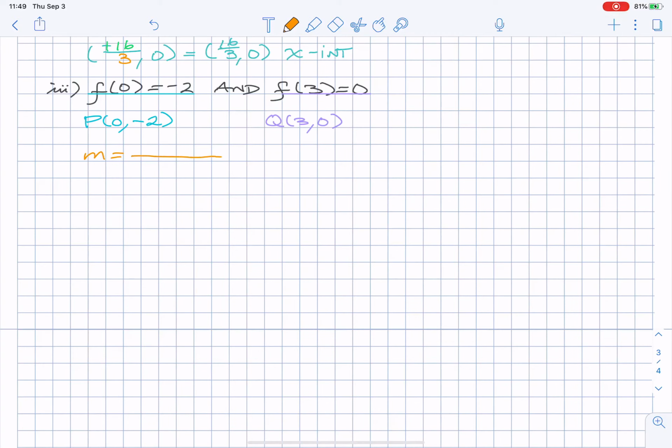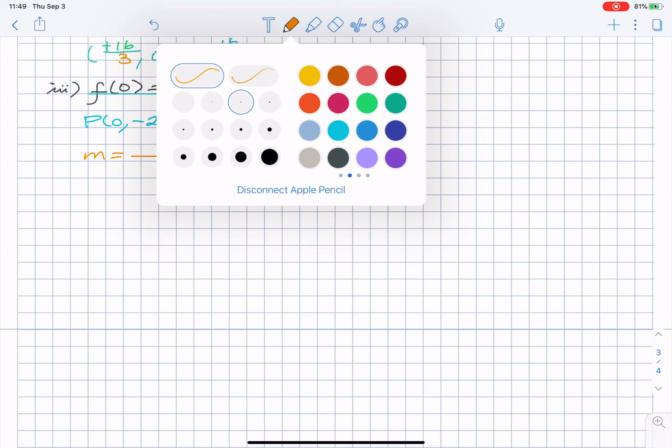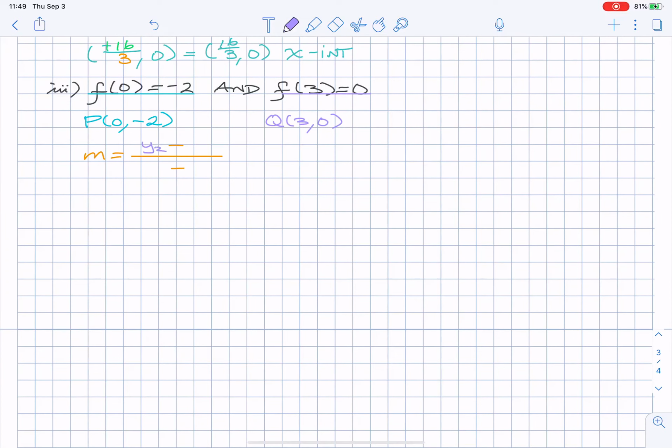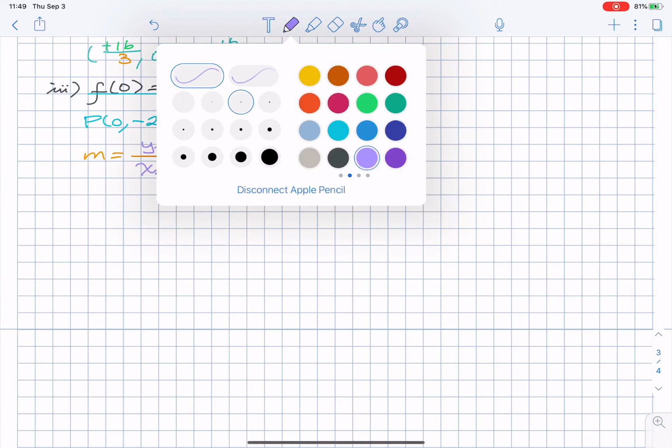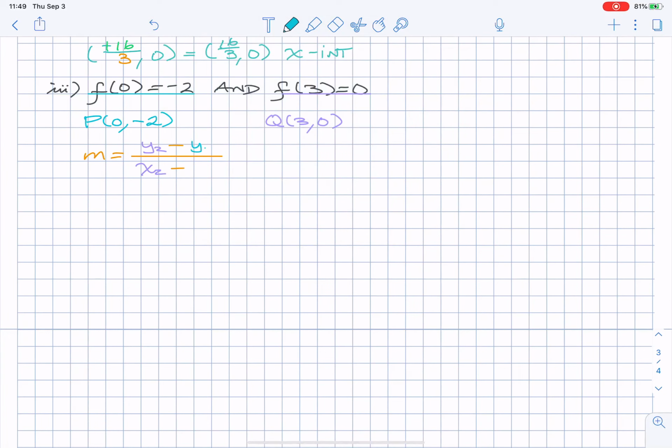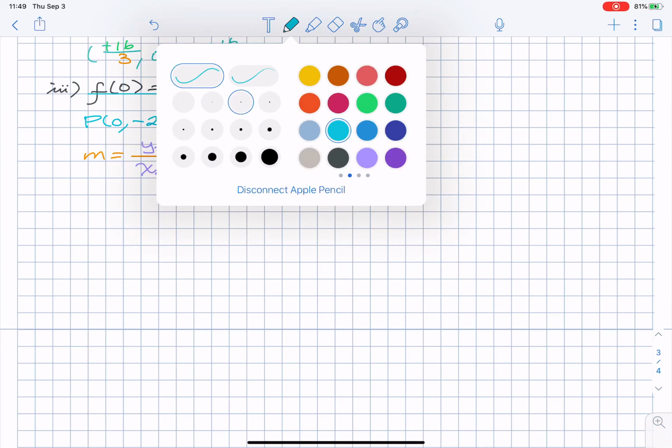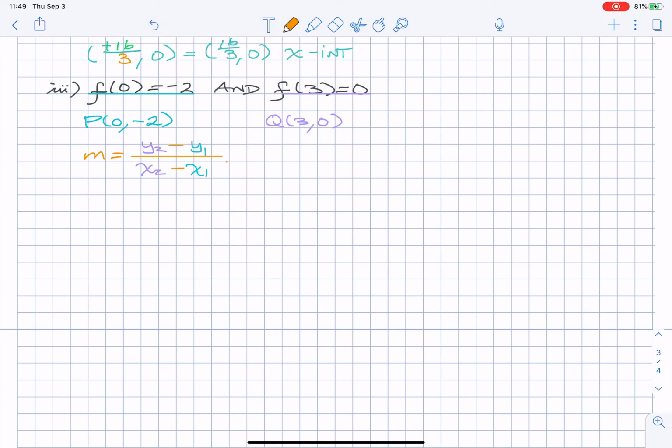So now the slope, which is the rise over the run, will be y2 minus y1 over x2 minus x1. So for us, what's that going to be? Well, what's nice about these numbers, there's lots of zeros.